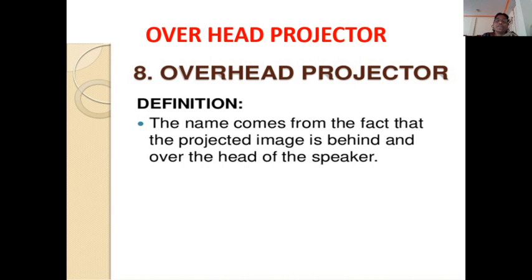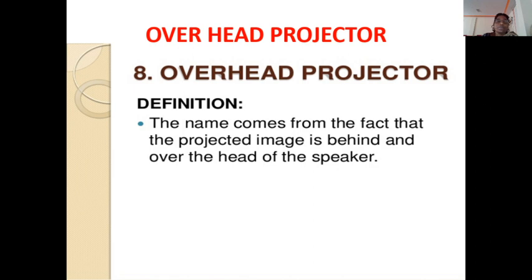For using OHP, first we have to bring the transparencies, and we have to write on these transparencies with special pens. After that we use these transparencies on the overhead projector.